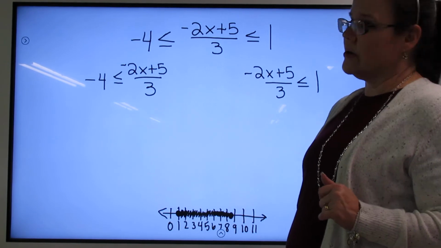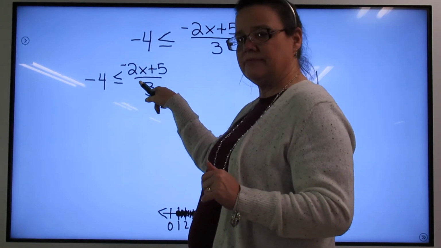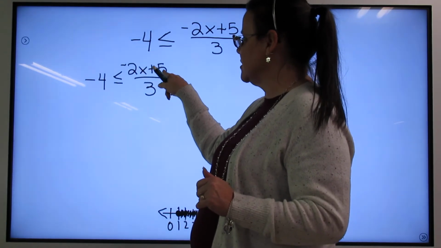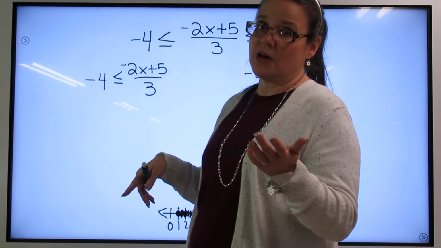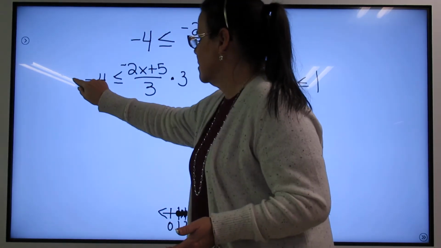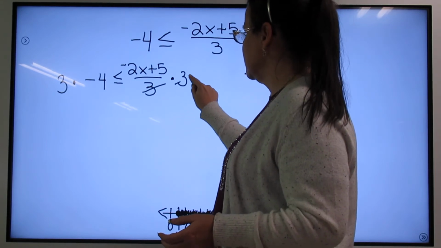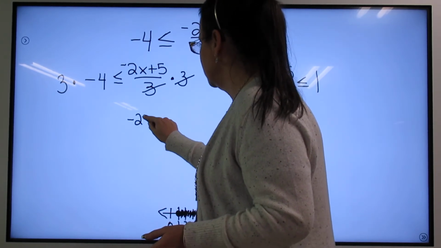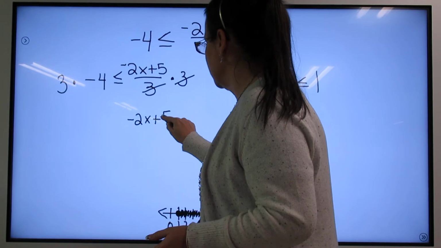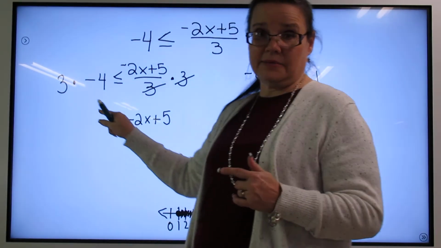Starting over here, we have to get rid of the 3. And that's a division. That's negative 2x plus 5 divided by 3. I'm going to do the opposite of dividing, and I'm going to times 3. And then these 3's cross out. This negative 2x plus 5 goes here. And then I have 3 times negative 4.